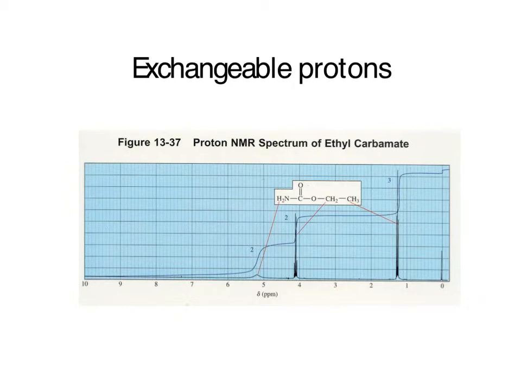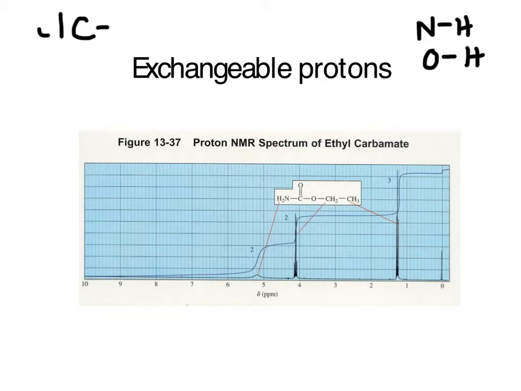I'd like to finish by talking about one more concept, which is the idea of exchangeable protons. So anytime you have a proton on an NH2, or a nitrogen, or an oxygen, typically in a deuterated solvent, we talked about that before, when you run your NMR, you want to run them in solvents that do not contain protons.